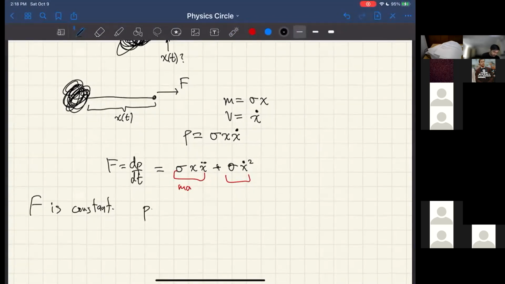Which means that we know that the momentum grows linearly as a function of time. If I just look at this equation, because F is constant, that's what the problem tells us. We're pulling it with a constant force. The momentum is just a function of time like this, which means that sigma x dot is equal to p, which is equal to Ft.